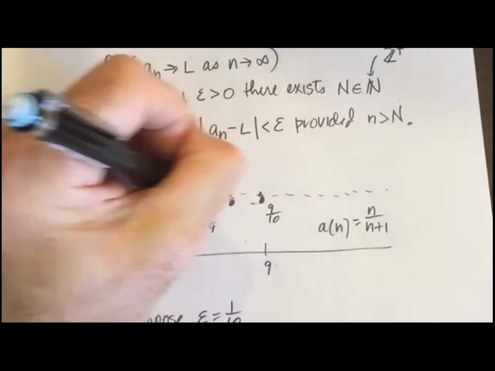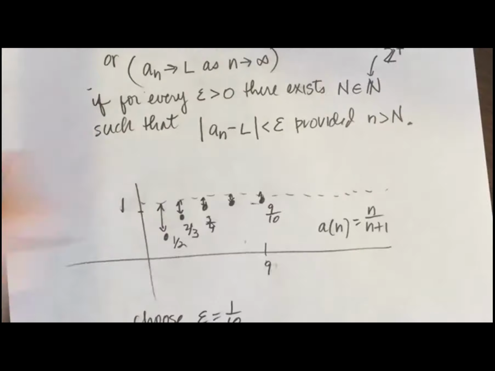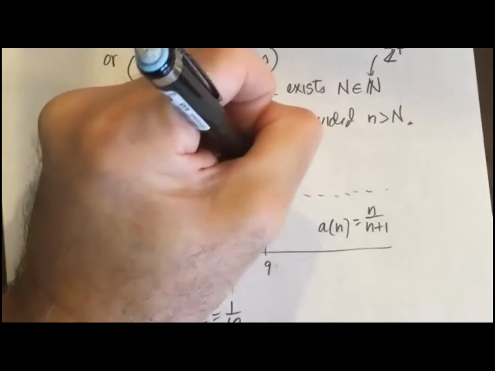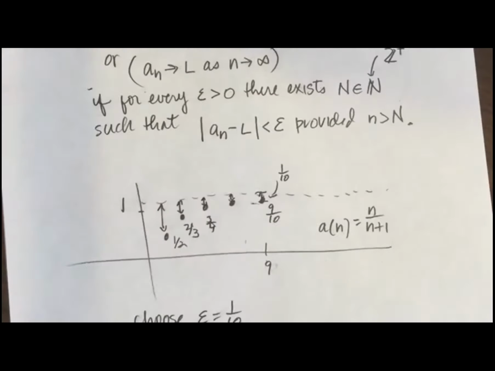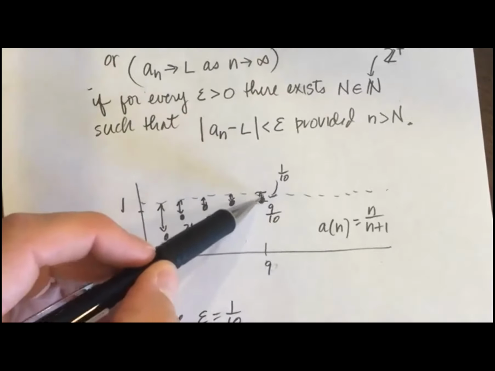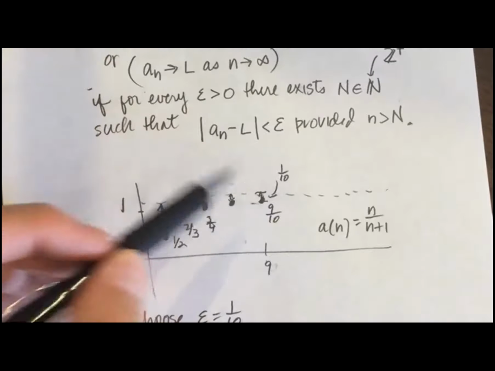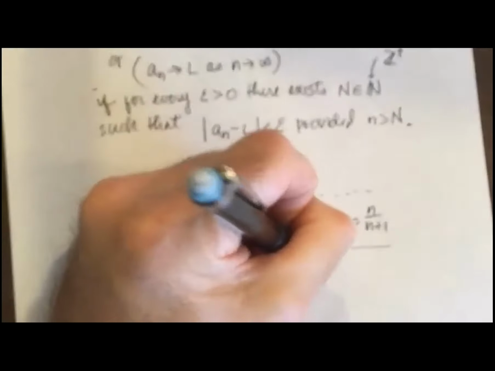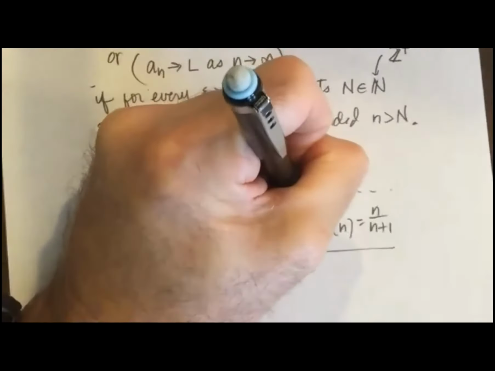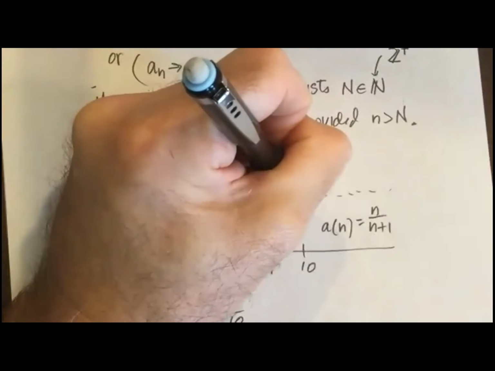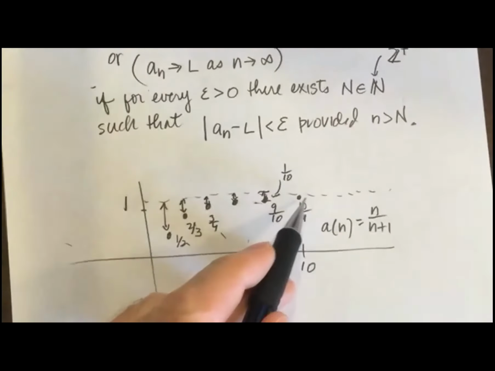And of course, that 9/10 is right there, right? And then this distance would be 1/10. So at 9, I'm 1/10 away from the limit. But now if I go over another one, like to 10, then I'm where? 10/11ths. And so I'm only 1/11th away now.